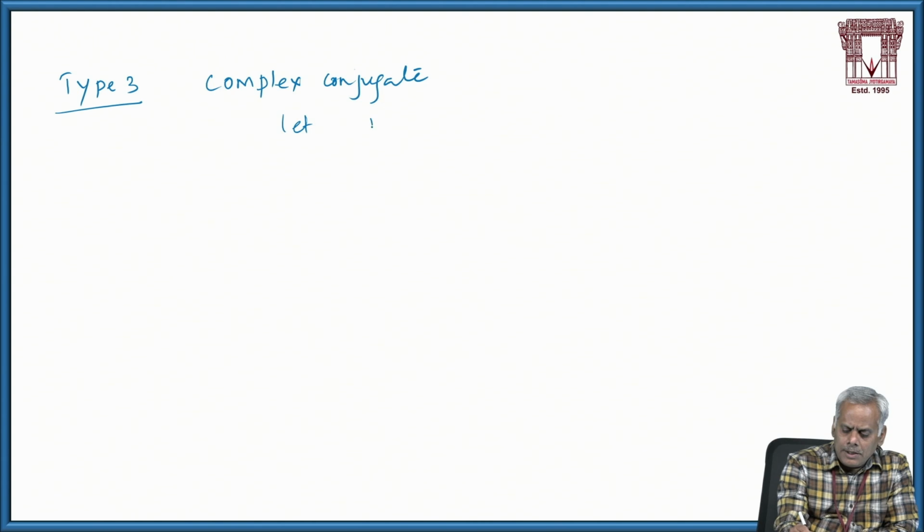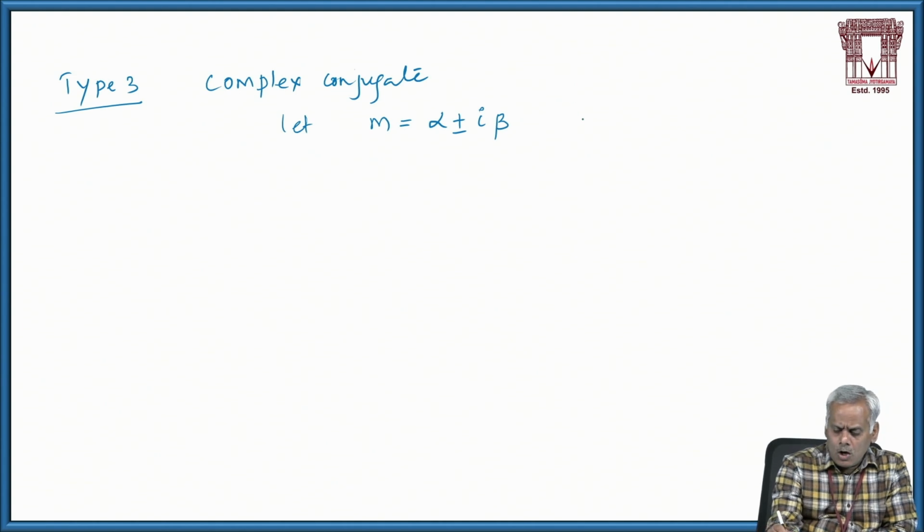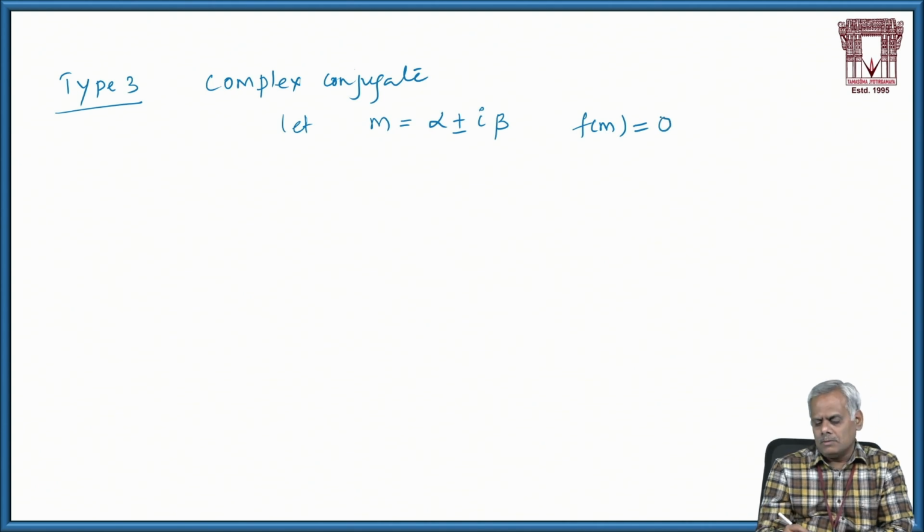Let m is equal to alpha plus or minus i beta be the roots of the auxiliary equation f of m is equal to 0. Here alpha is called the real part and beta is the imaginary part of these roots. If alpha plus i beta is a root, then alpha minus i beta is also a root of the auxiliary equation.